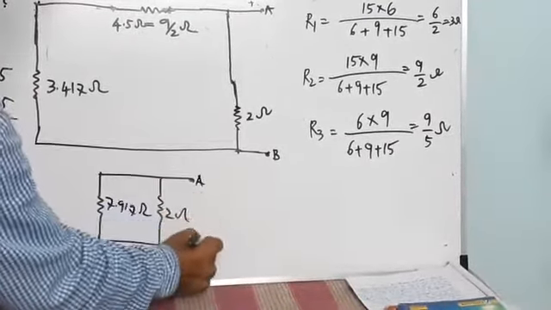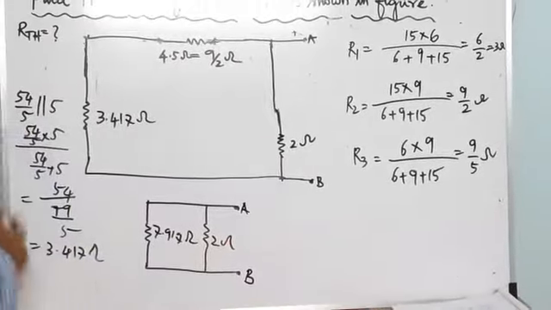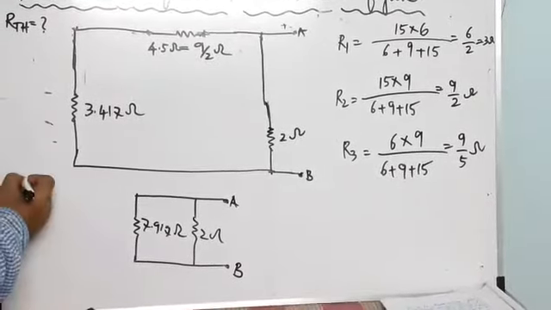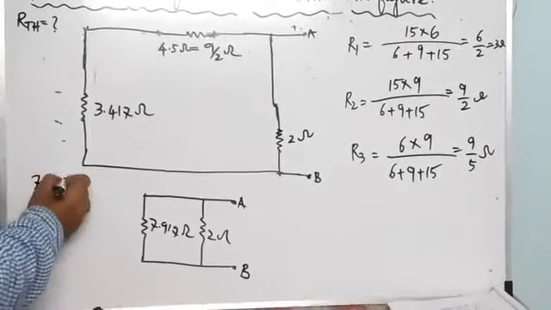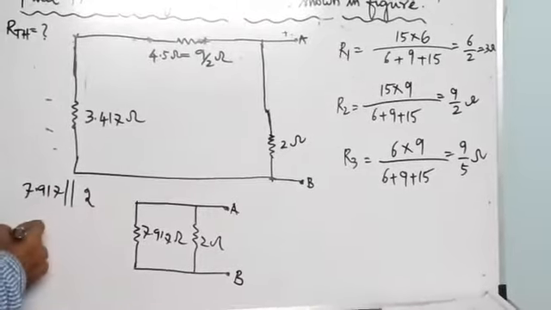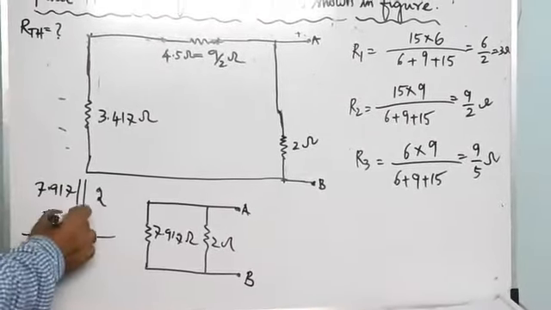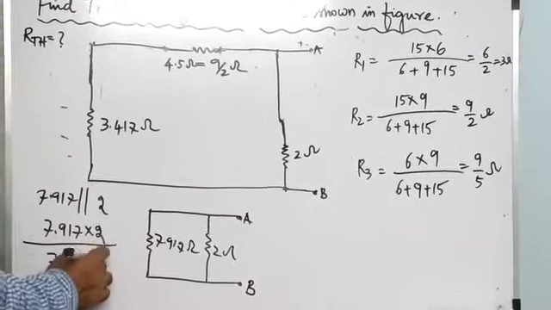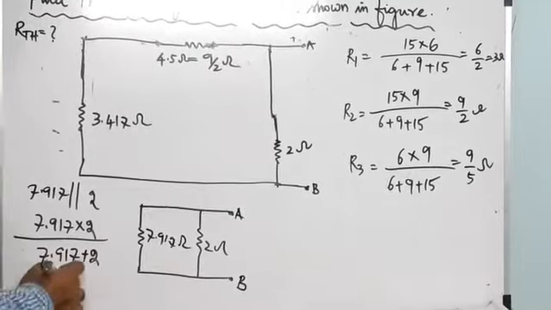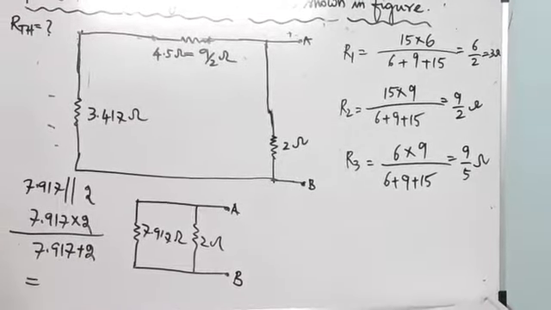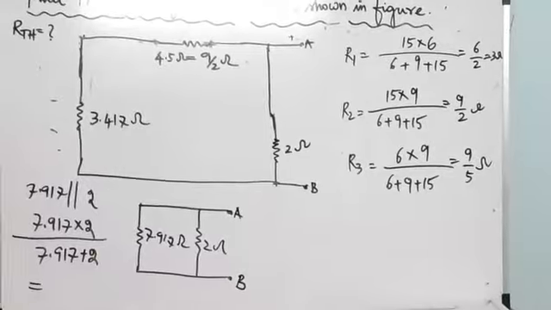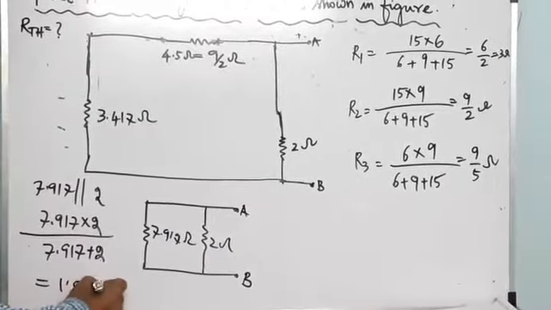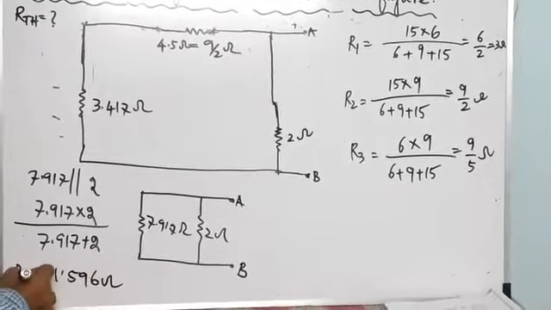Now these two are parallel. 7.917 parallel to 2: first multiply 2 and 7.917, then divide by 7.917 plus 2. The value becomes 1.596 ohm. That is RTH.